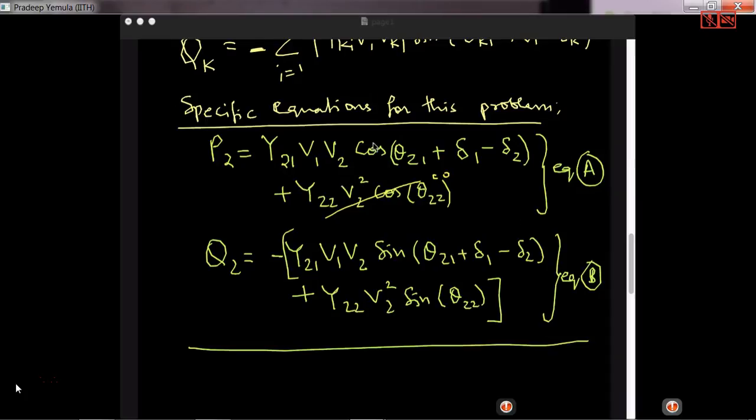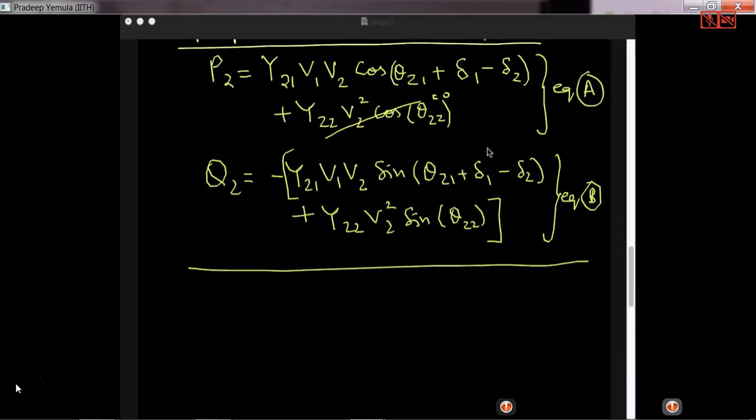So I have this equation A, and then I have the other equation B. From these two equations, I want to write it in the form of 0. So what you have to do? Simply take 0 equal to y21 v1 v2 cos of theta 21 plus delta 1 minus delta 2 minus p2.